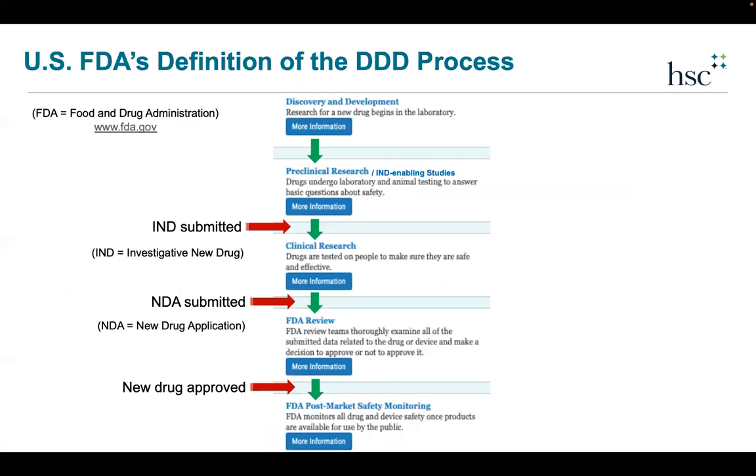Now, first, the United States Food and Drug Administration defines the DDD process as a multi-step, progressive R&D process, which typically starts with laboratory-based discovery research, followed by preclinical research in animal models. This part of research is also known as IND-enabling studies.